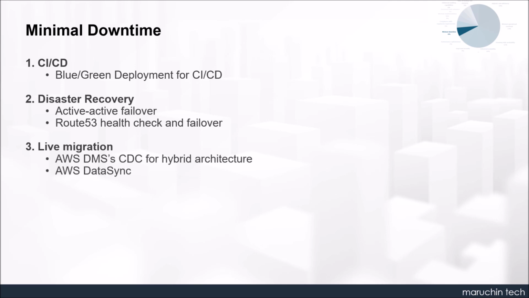Minimizing the downtime during migration also appeared in the exam. For example, in a hybrid architecture, a solution involving CDC, the Change Data Capture of Database Migration Service, or AWS DataSync for continuous data migration.